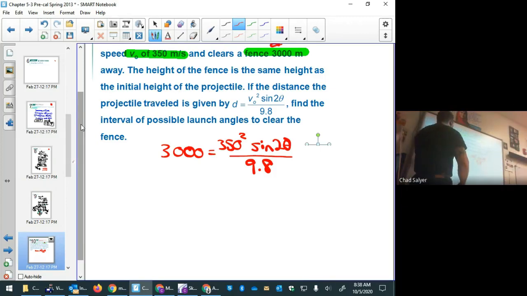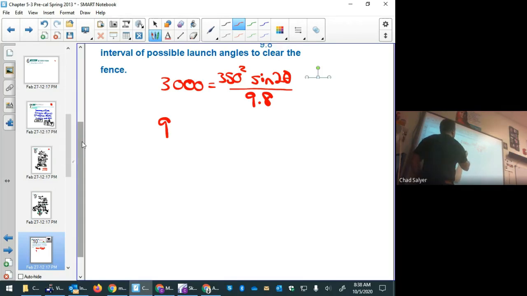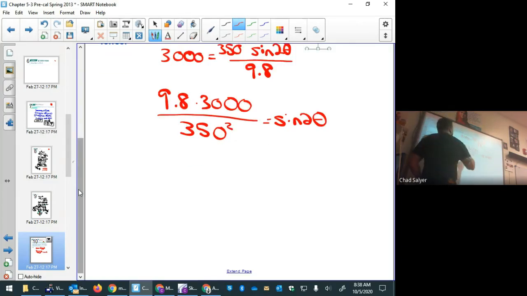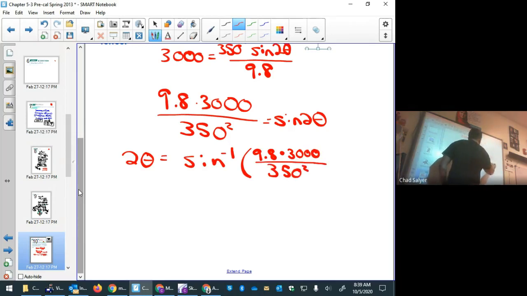Okay, anyway, back to this. Let's solve this. Typical algebra here, so I'm going to multiply both sides by 9.8, and I'm going to divide both sides by 350 squared. And then I'm going to use the sine inverse. So 2 theta equals sine inverse of 9.8 times 3,000 divided by 350 squared.